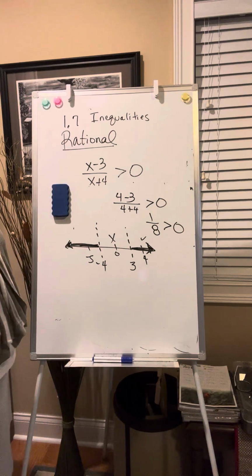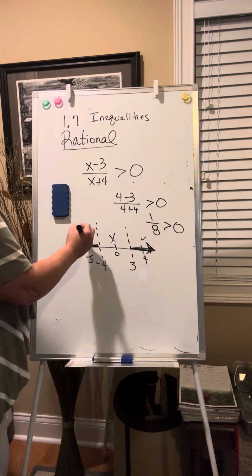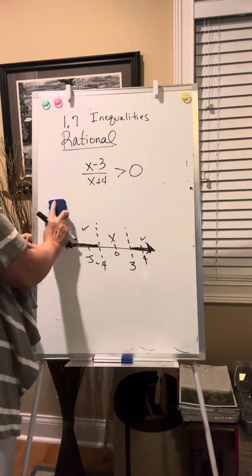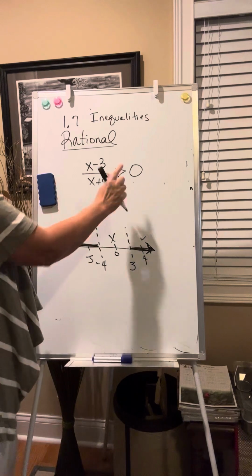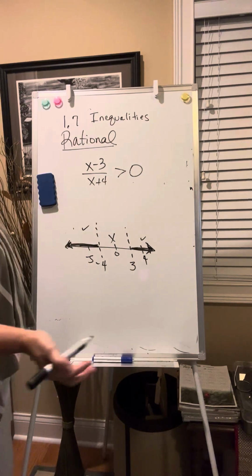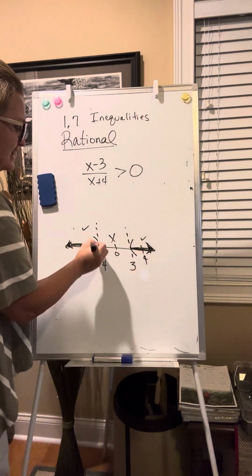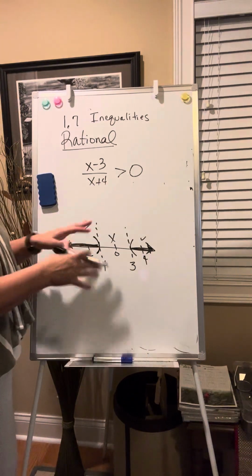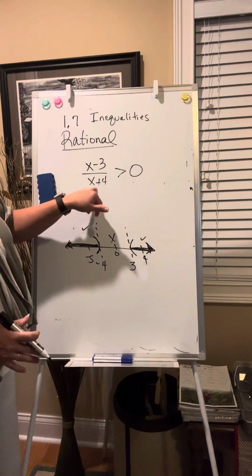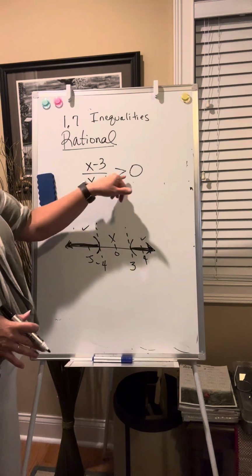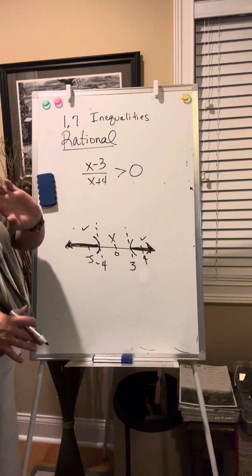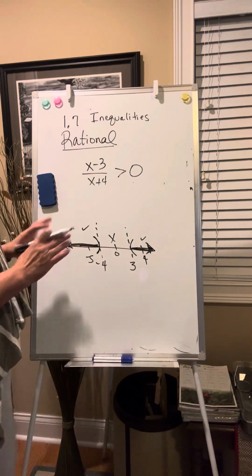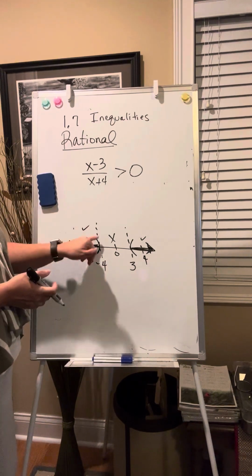And we shade. Now, on this one, I won't have to worry about parentheses and brackets and that exception to the rule kind of thing that I mentioned because there's no line under it. I'm going to use parentheses anyway. But say it did have a line under it, which normally means include, and use a bracket, we would not be able to include -4 regardless. Even if there's a line, -4 is a big no-no. -4 is where it's undefined, not defined in math, so it would be parentheses.